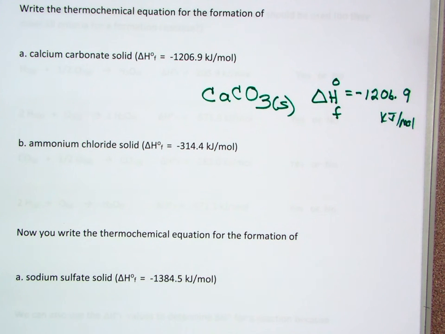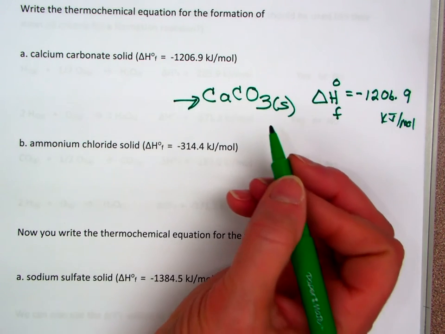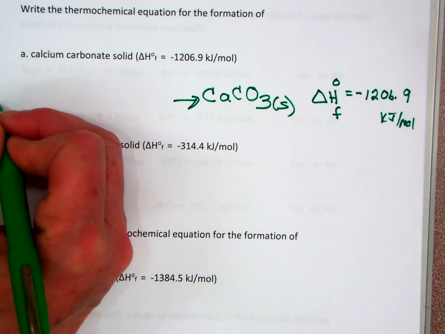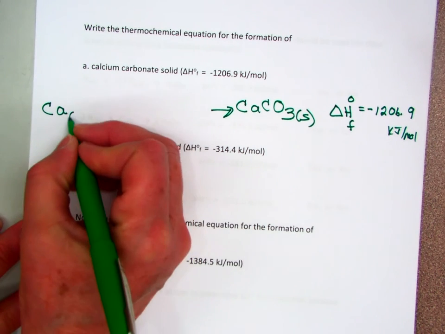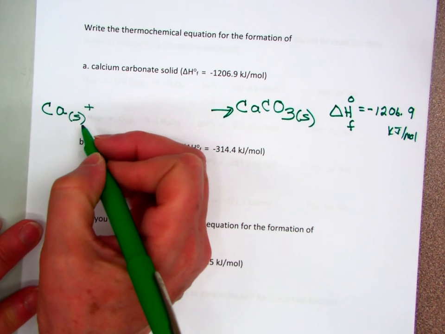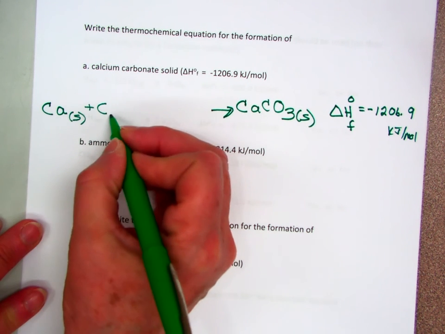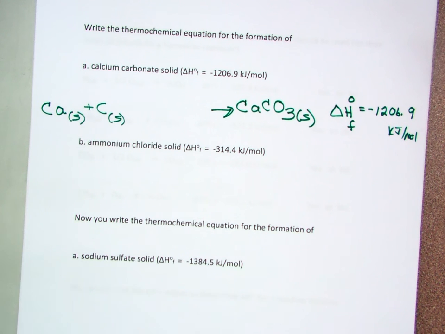Now we think about, how do I make calcium carbonate? What do I need to make calcium carbonate? I need some calcium, right? I need 1 mole of calcium. Calcium is a monoatomic element, and it is a solid in its natural state. It's black on the chart. What else do I need? Carbon. It's also a solid on the chart. What else do I need?